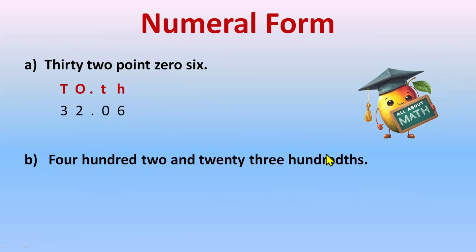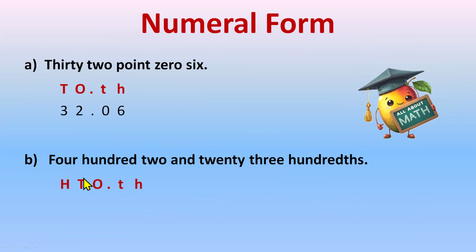So let's write down the place value chart. 400 means we have to write the place value chart till 100 here, before decimal and after decimal as well. Let's write down. So decimal, ones, tens, hundreds, and after decimal, tens, hundreds. You can see before decimal capital letters, after decimal small letters. Let's write down: 4 will come under 100, 2 will come under 1.